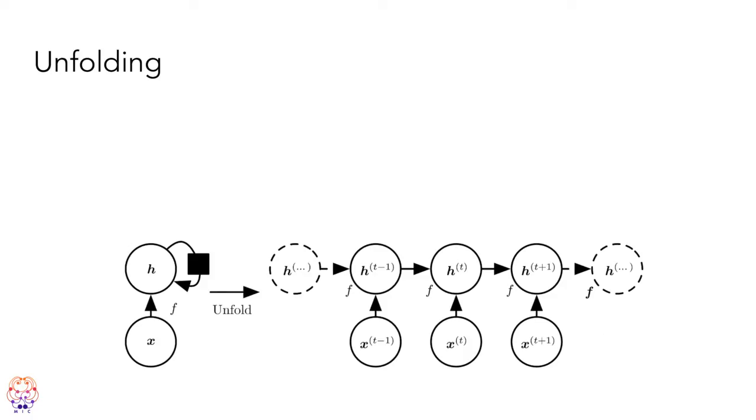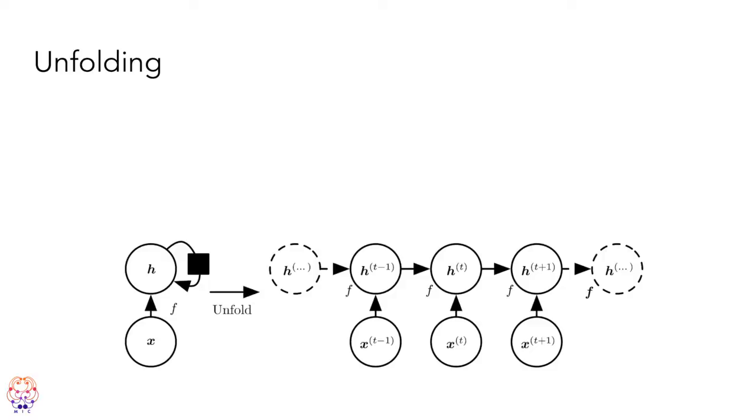I have a question. The h is a state, and then x is the input to the function f, and it uses the state from the previous step. Yes.